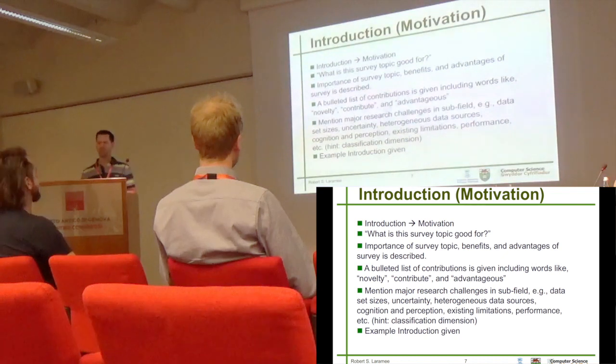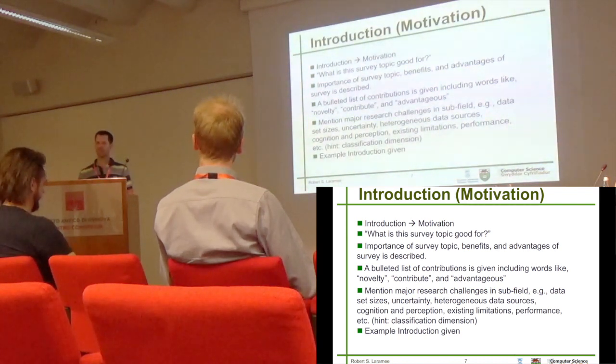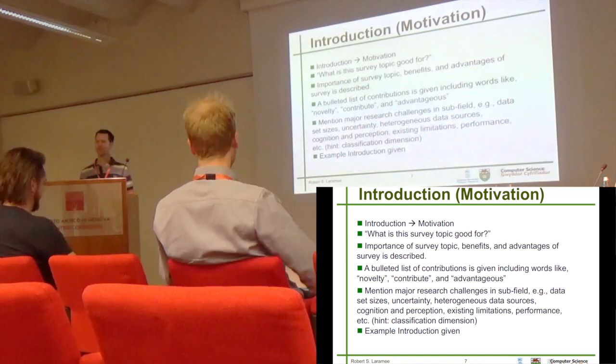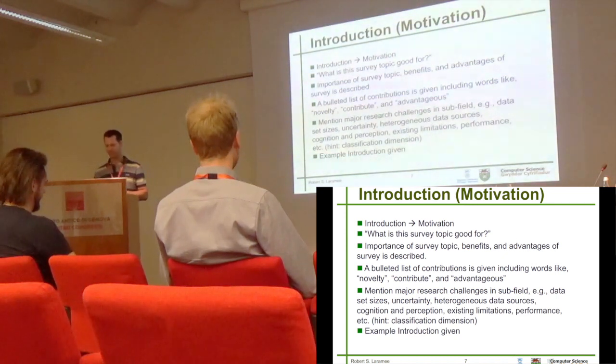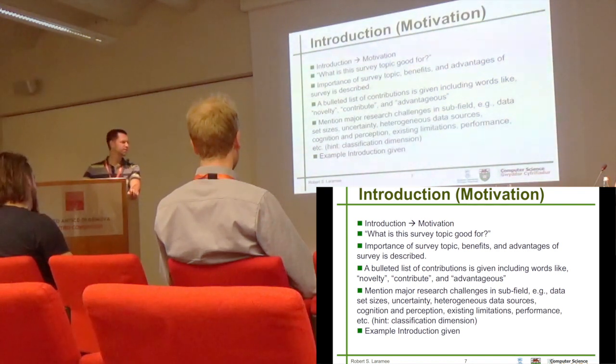So just some generic examples of major research challenges that recur often. Data set sizes, this is always mentioned in visualization papers, ever-growing data set sizes, uncertainty, heterogeneous data sources, cognition and perception, very common challenges, existing limitations and performance.